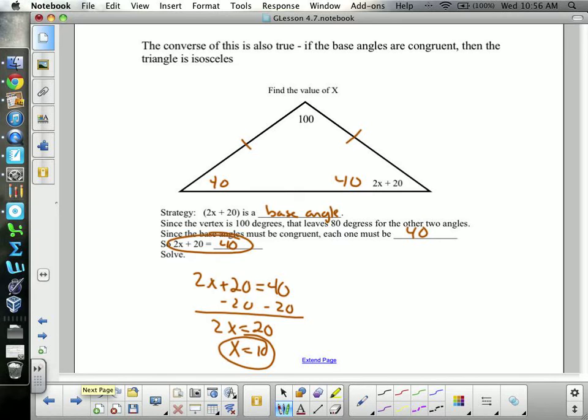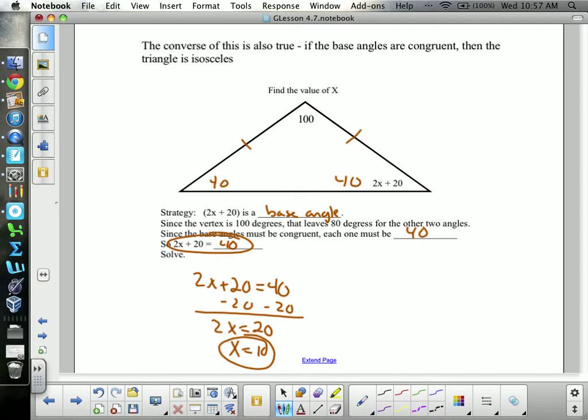So we can do that. All I need to know in an isosceles triangle is one angle, and I can figure out the other two, as long as I know if that angle is a base angle or a vertex angle. If the angle is obtuse, obviously it's not a base angle. Can I have obtuse base angles in an isosceles triangle? No, of course not, because if my base angles have to be congruent, and one's obtuse and the other's obtuse, I'm already over 180 degrees, aren't I?